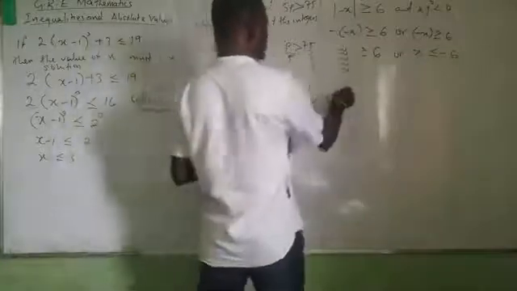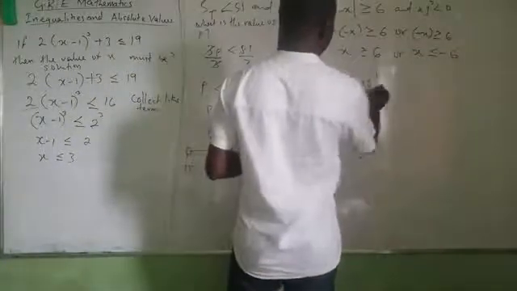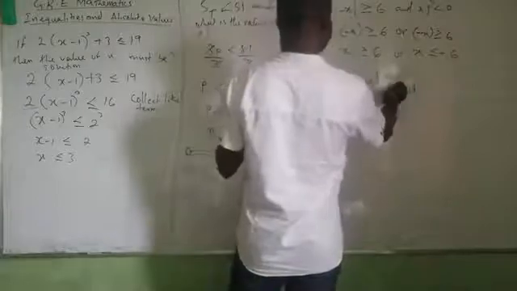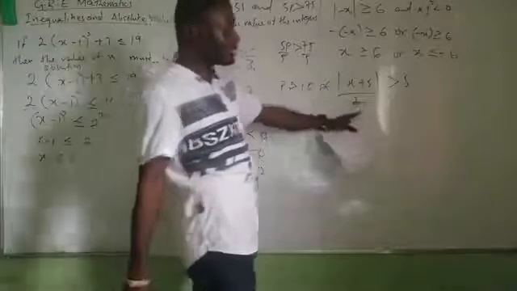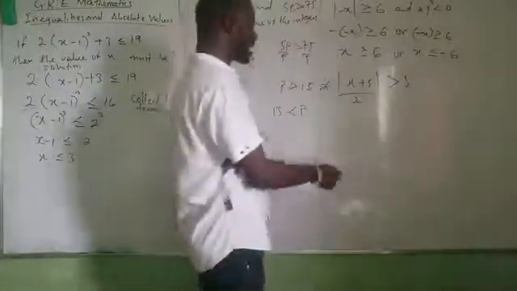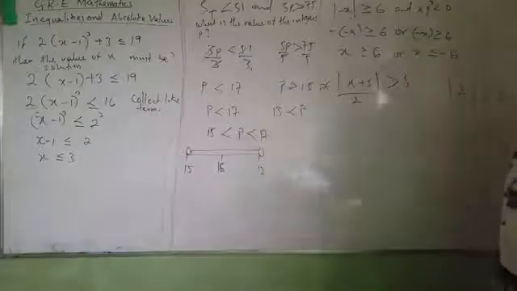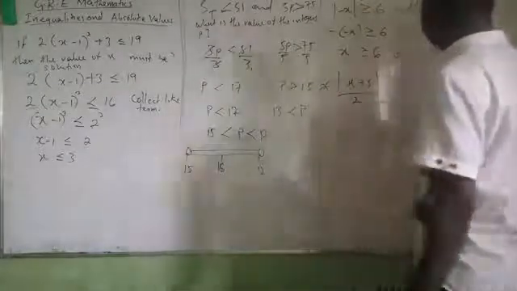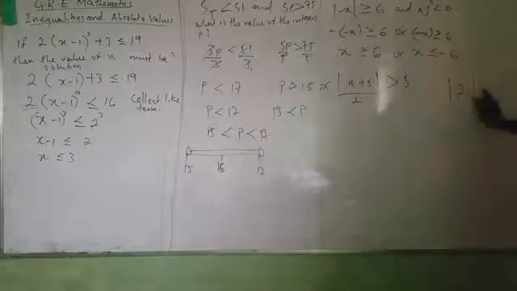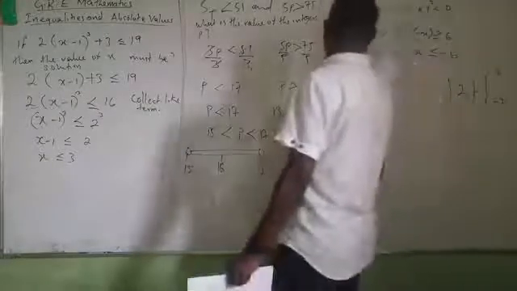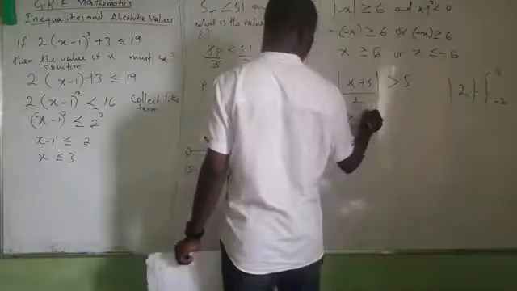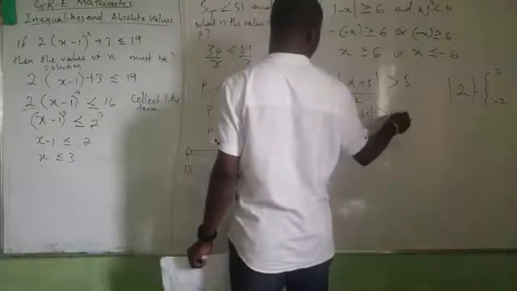Now, I have something like this: the absolute value of (x + 5) divided by 2 is greater than 5. Another question. When you have something like this, don't forget that the absolute value of any given number such as 2 equals 2, and it can be 2 or minus 2. Take note of that. Now, this will be the absolute value of x + 5 greater than or equal to 10.